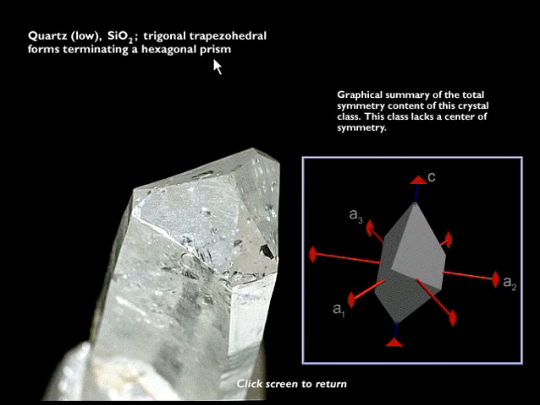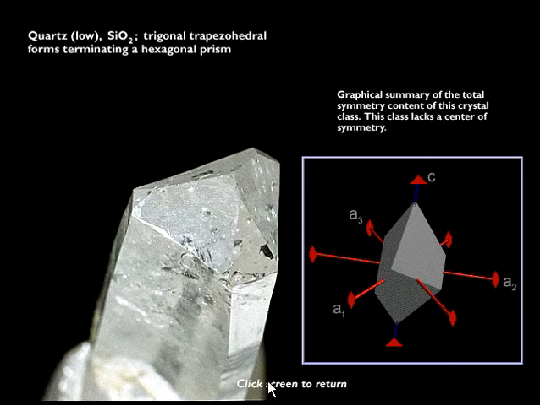The graphical summary of the total symmetry contained in this crystal class: this class lacks a center of symmetry. Here we have the z-axis with the 3-fold rotation. Here we have 2-fold rotations, 2, 2.